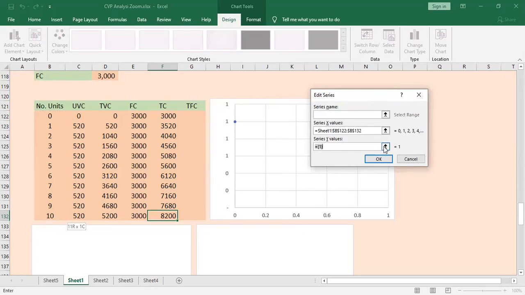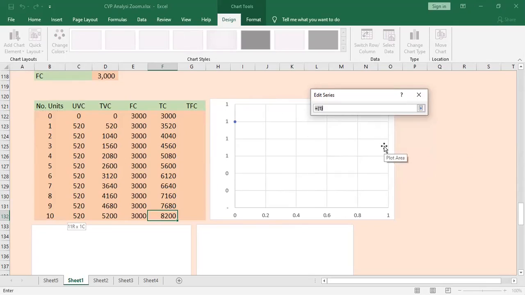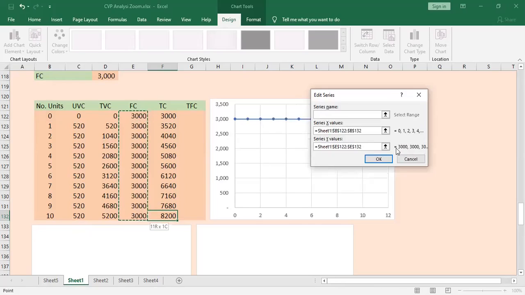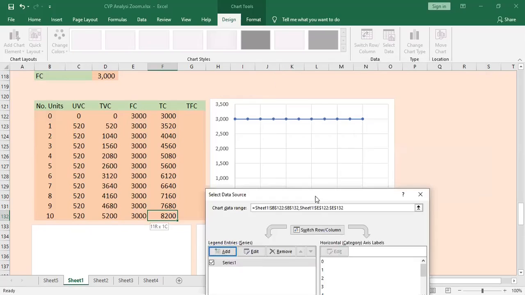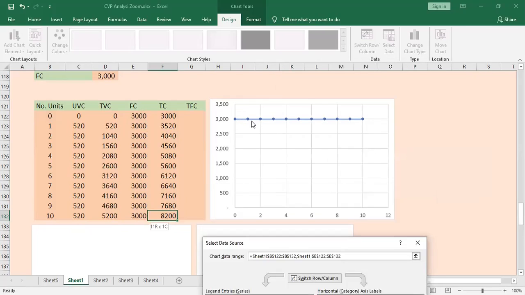And on the y-axis, I'm going to put the fixed cost. Now you can see it is going in parallel with the x-axis. Why? Because no matter how much we are producing, the fixed cost is going to be the same, 3000 rupees.